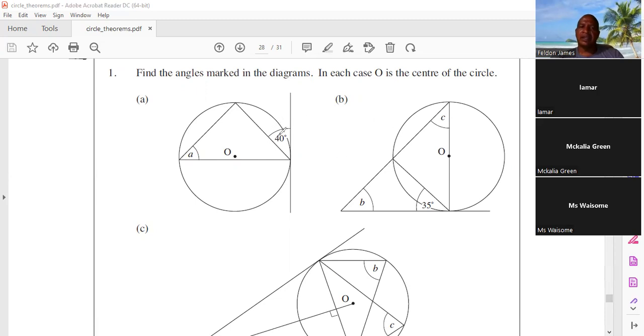Remember, this is an alternate segment. So this is a tangent coming down. Sometimes they will move around the tangent to kind of confuse you. But remember, if you look at this tangent and this chord, the angle formed with the tangent and the chord is equal to the alternate segment. So this is 40, that means A is 40.